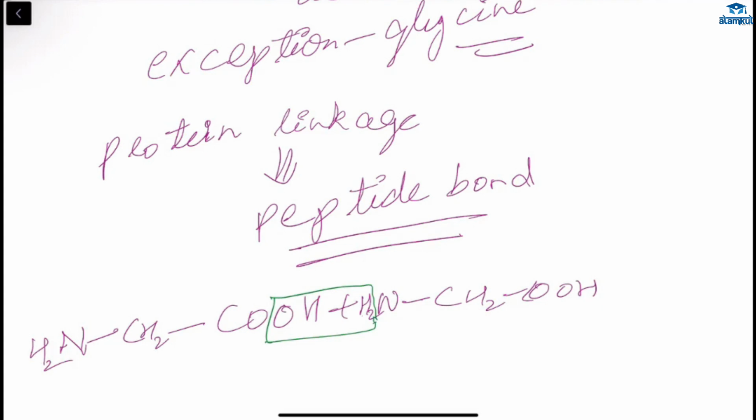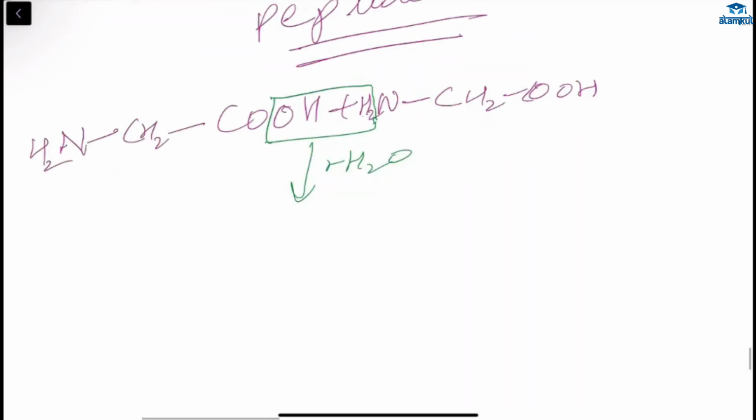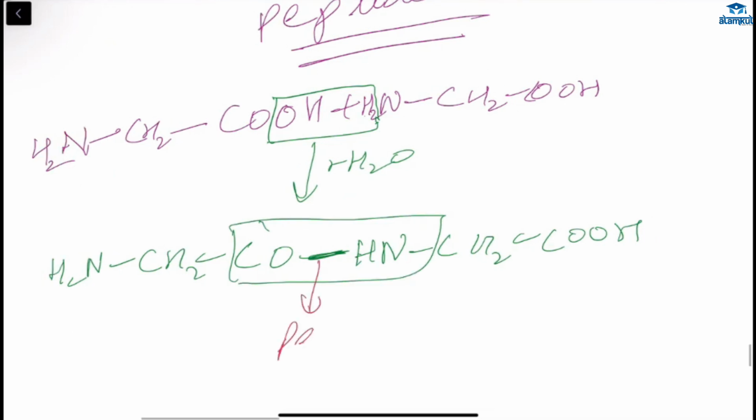One hydrogen will move and water is lost, and like this the bond will form. Which kind of bond? Peptide bond. The bond between one protein and another protein is called a peptide bond.